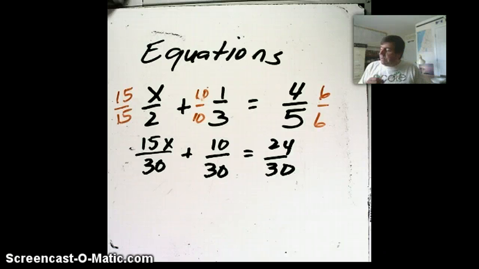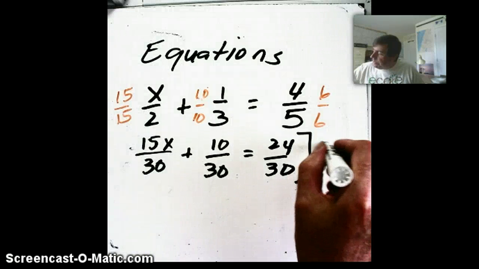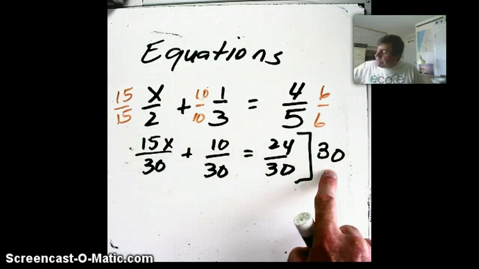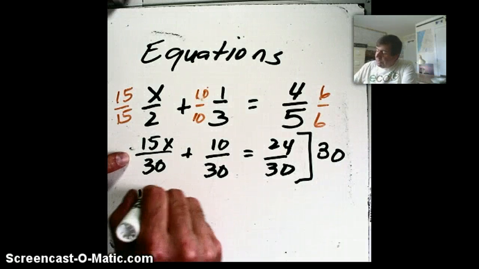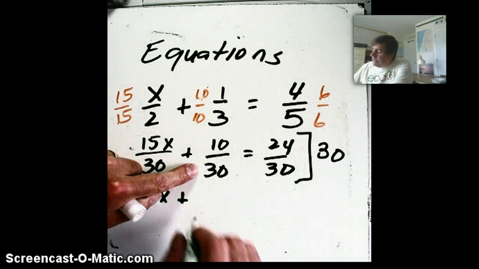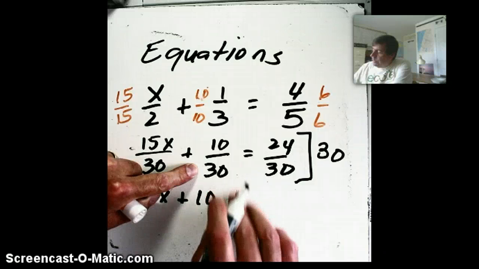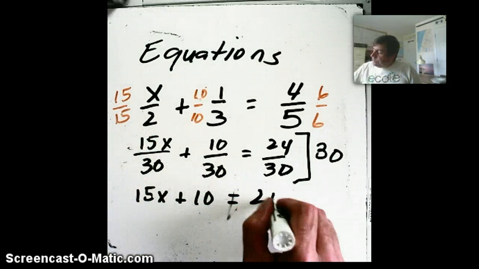Let's say you didn't see that right away, so multiply both sides by 30. This means I'm multiplying both sides by 30. So when I multiply this side by 30, I get 15x. When I multiply this term by 30, I get 10. When I multiply this by 30, I get 24.